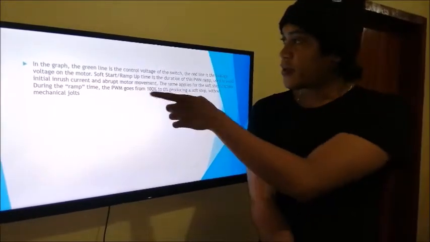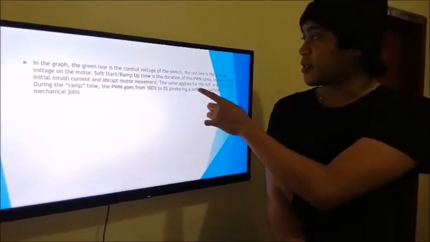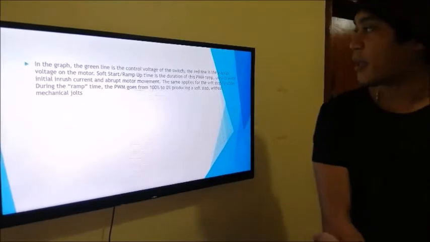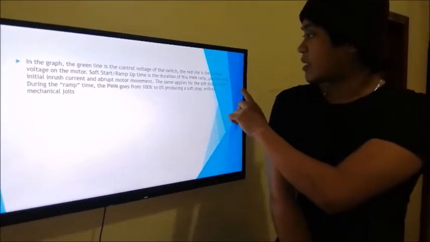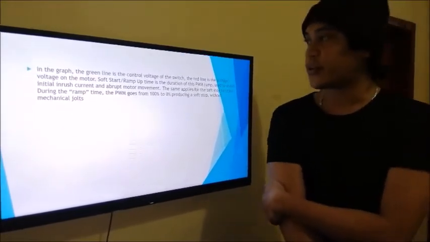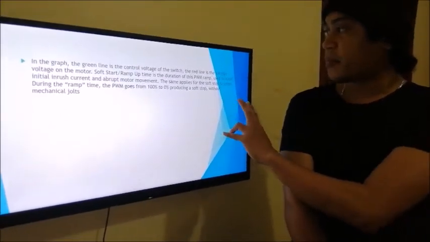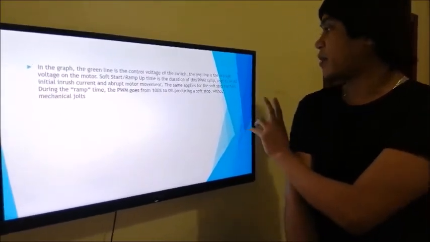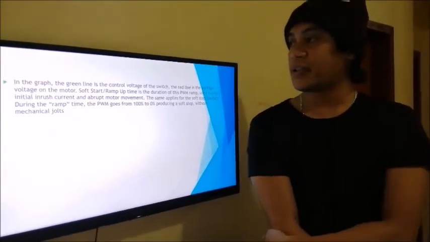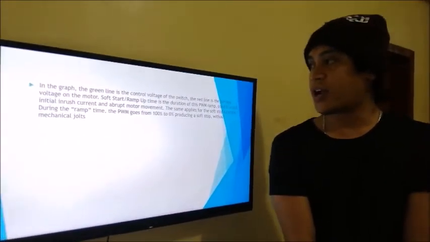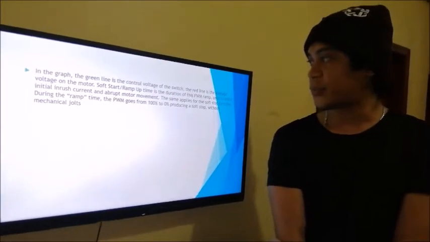In the graph, the green line is the control voltage of the switch, and the red line is the average voltage on the motor. The soft start ramp time is the duration of this PWM ramp, used to avoid initial inrush current and abrupt motor movement.